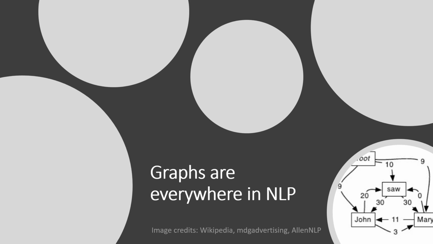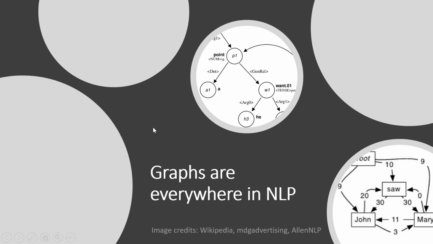Let's say here a root node with Saw, John and Mary. This is just taken as an example so you can understand that they form a directed graph. In dependency parsing, we have a lot of problems in NLP which we can solve in a better way using GNNs. So GNN plays a great role in that aspect.